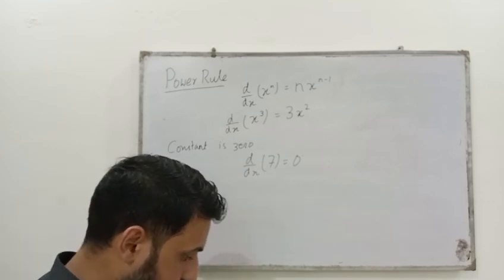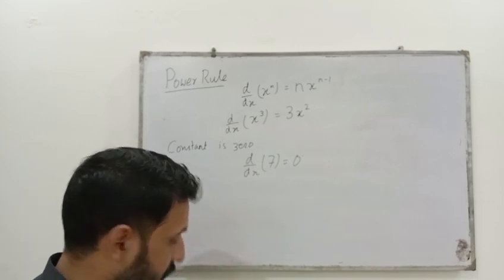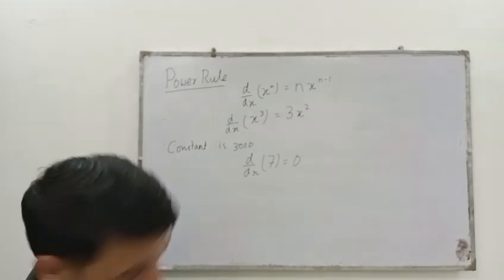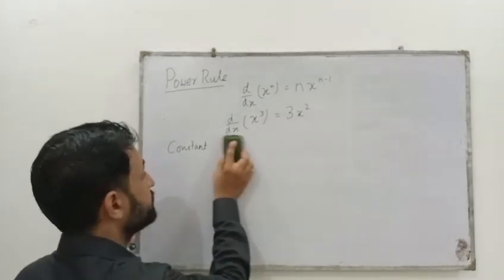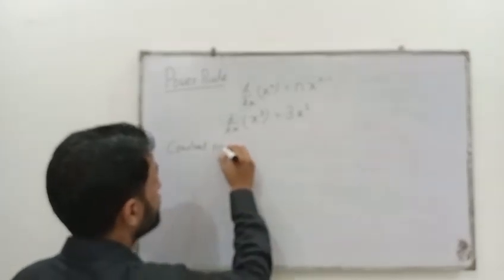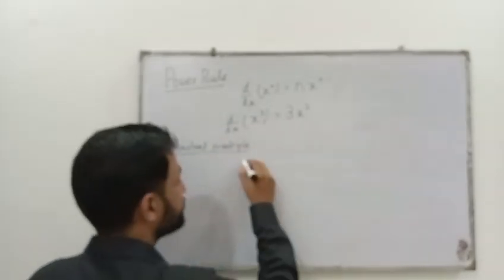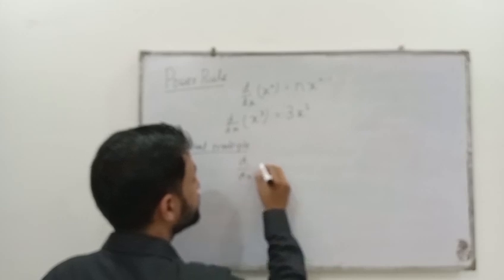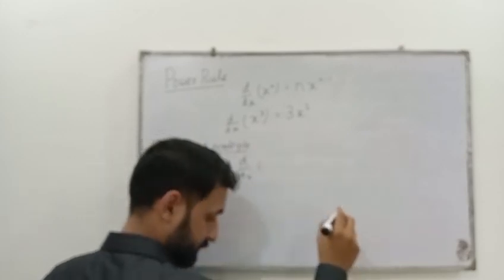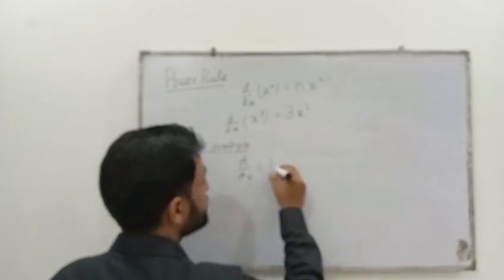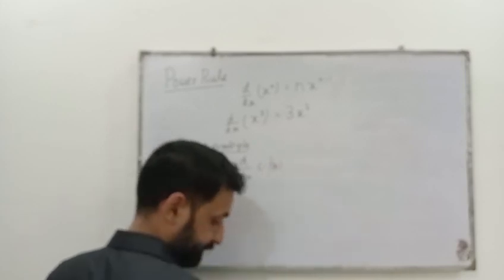Okay, now if we have a constant multiple, what will we do? For example, d by dx of c dot f of x.